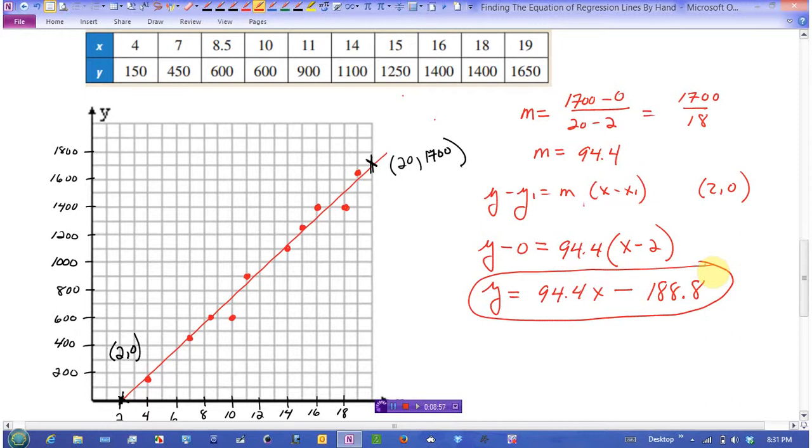One more thing we could do is, let's say the question said to figure out what the value would be if x were 30. You can see that x equals 30 is not on my graph, but now that I have the equation, I can figure that out. I would plug it in: y is equal to 94.4 times the 30 that I'm filling in for x, minus 188.8.